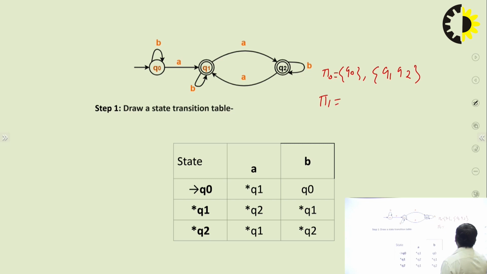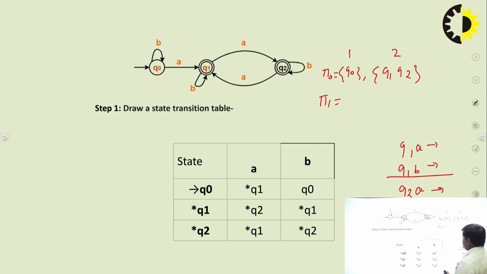For pi 1, check the transition function of Q1A, Q1B, Q2A, Q2B. If these two transition functions are the same, then they lie in the same set. And if these two transition functions are different, then they lie in different sets.